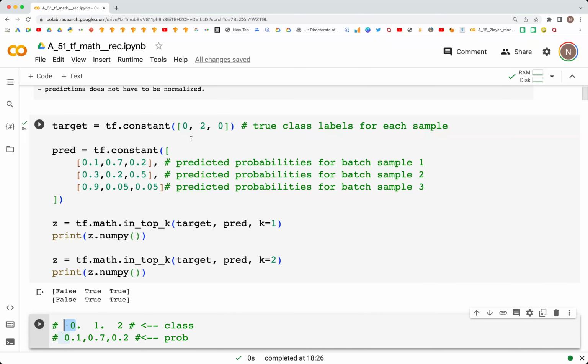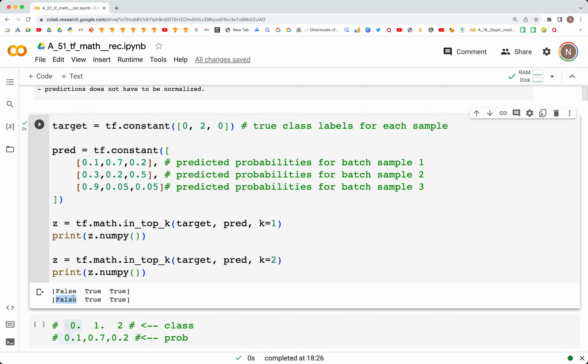Sorry, my mistake. The predicted class becomes 1 because 0.7 is the highest probability, or it could be 2 because it's among the top two, but not 0. And therefore, we get a false.